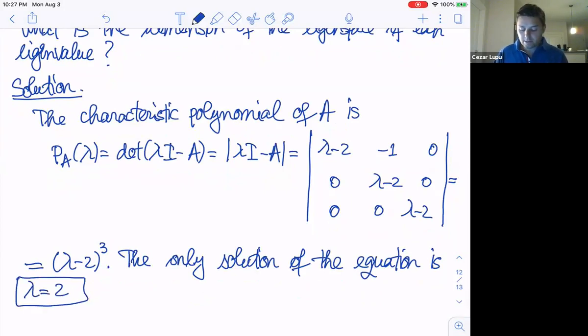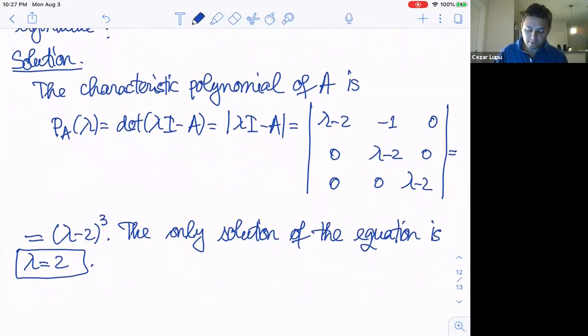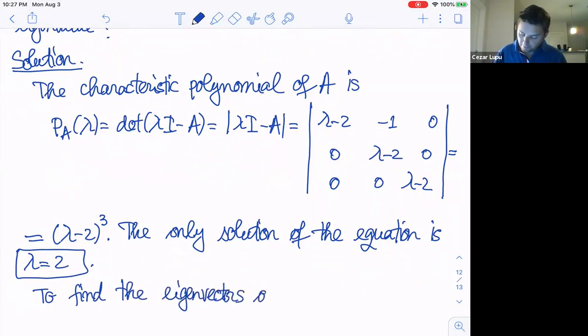Well, I would say something about the multiplicity, but I would do it as a remark afterwards. And now we need to find the eigenvectors of the eigenvalue lambda, so this is the eigenvalue.